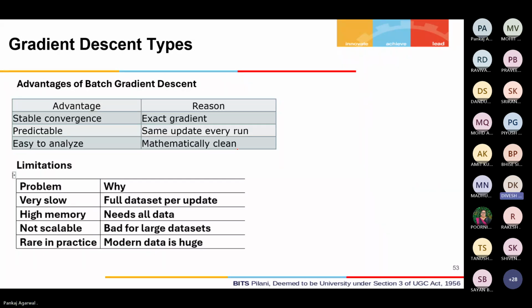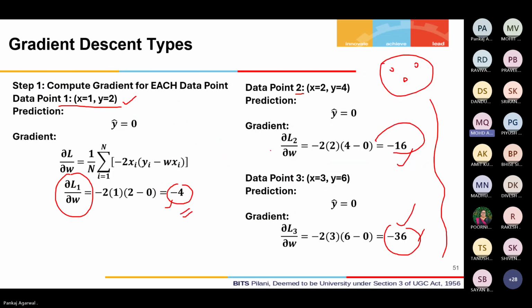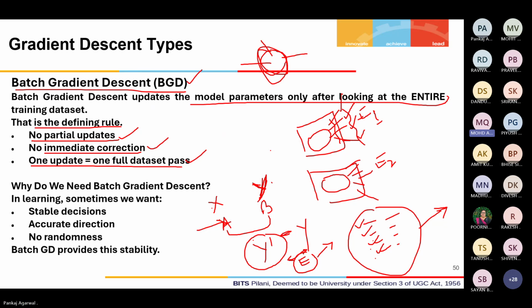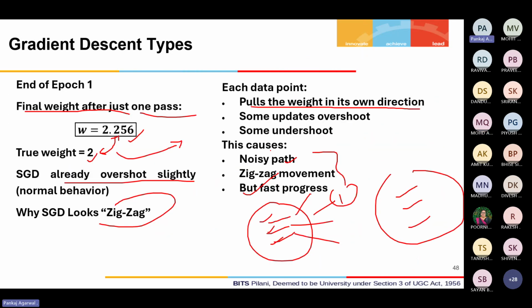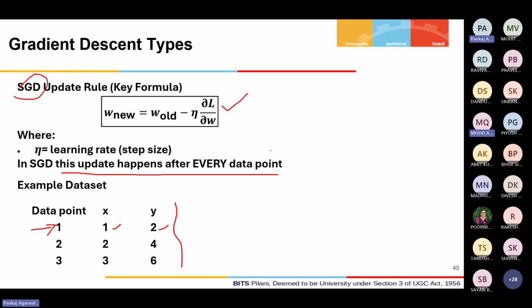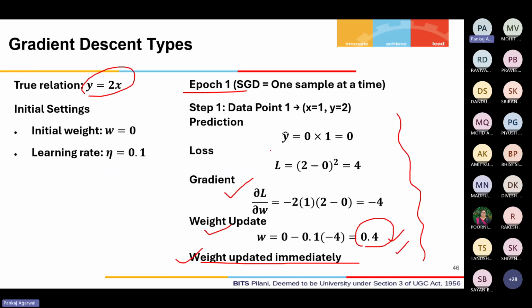Got this? Yeah. So sir, in SGD, wouldn't the last data set influence the gradient descent more? Whatever the last data set, like let's suppose you have three points, right? In SGD, you're talking about whatever is the last data point.